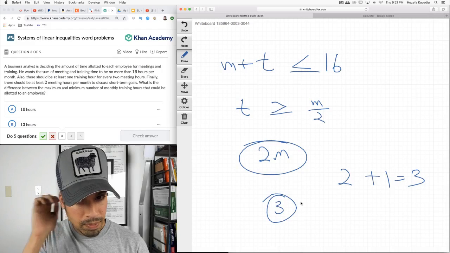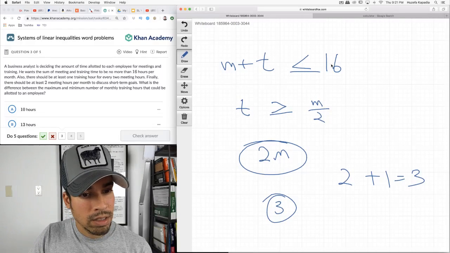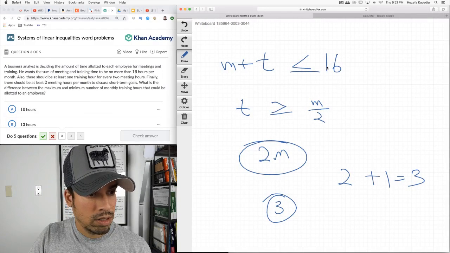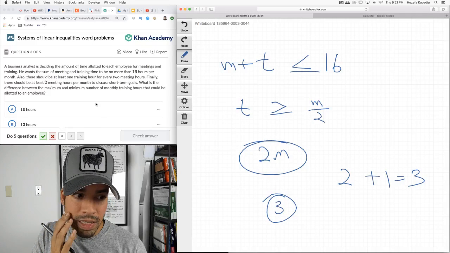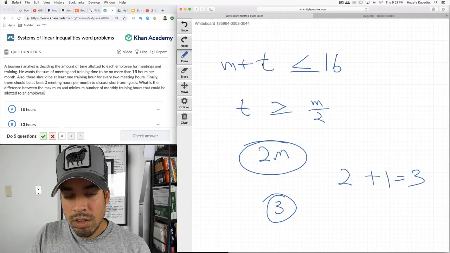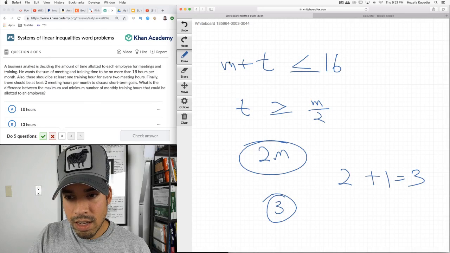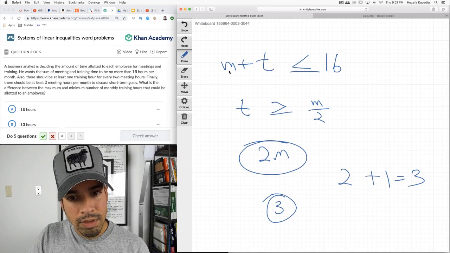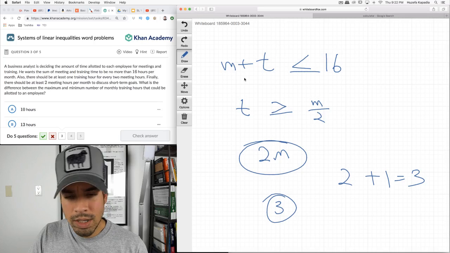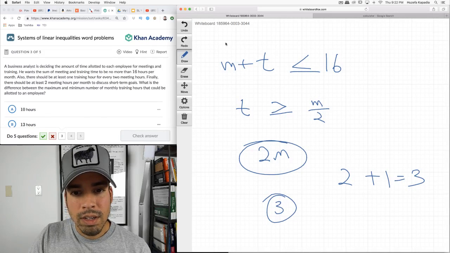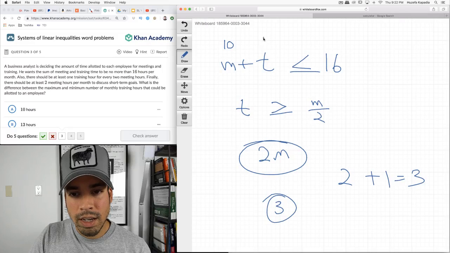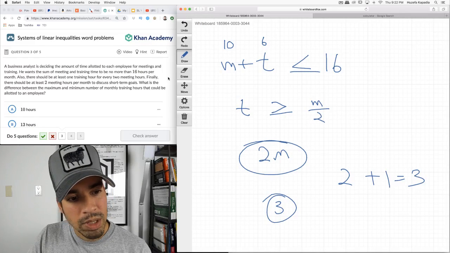Now what's my maximum? My maximum, I guess, is going to be 16 because it says that's the max, 16 hours per month. But let's see if that's doable. Oh, yeah, we could definitely have 16 because we could have 10 meeting hours and 6 training hours, and that would be 16.